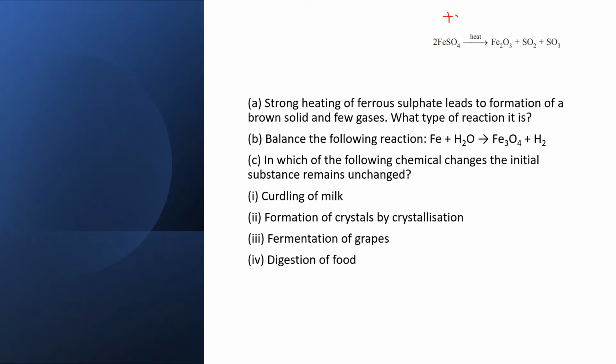But coming to Fe2O3, the oxidation state is +3. So of course this is an oxidation reaction. So what are the answers? It is an endothermic reaction, it is a decomposition reaction, and of course it is an oxidation reaction.